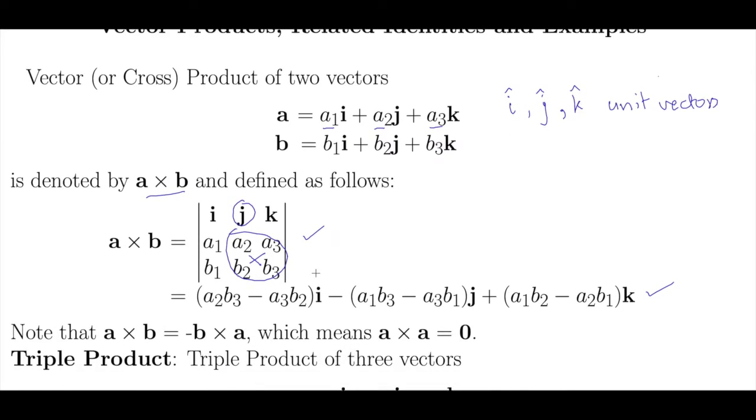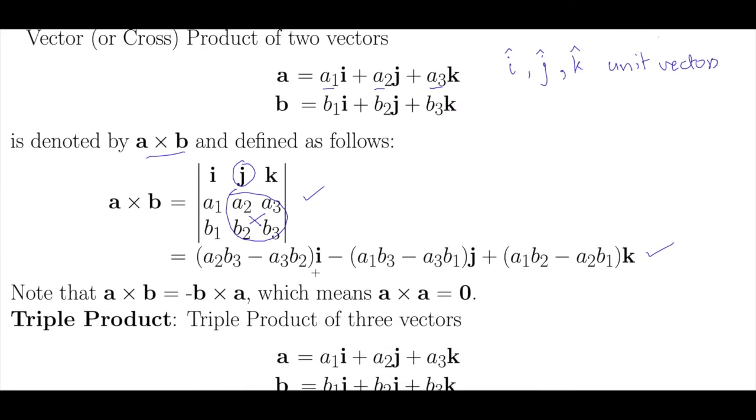Okay, so now note that a cross b and b cross a are additive inverses of each other. Why?